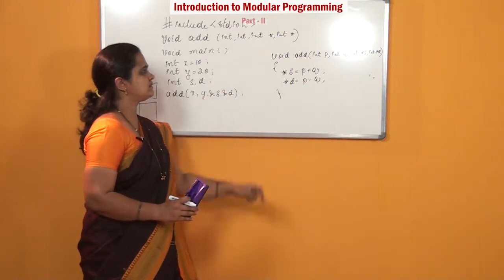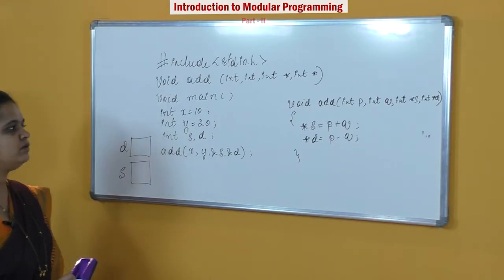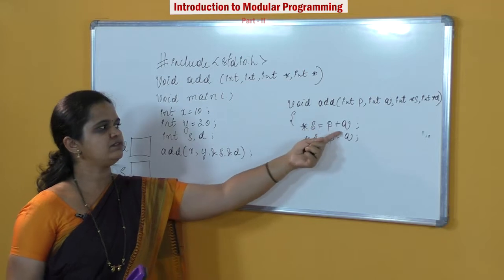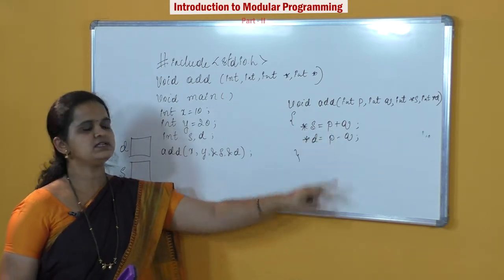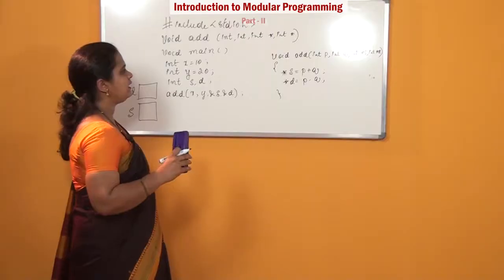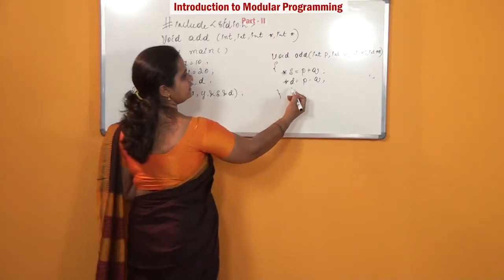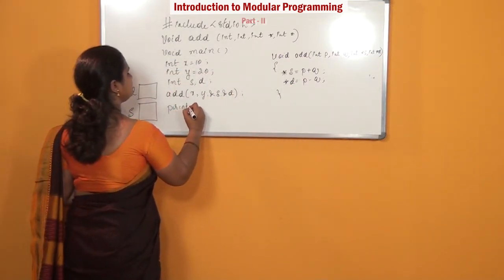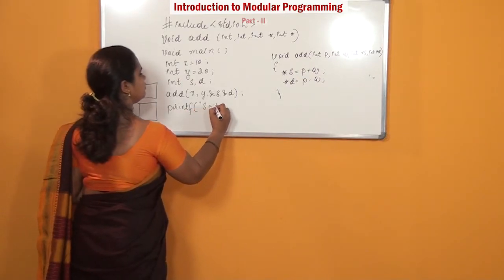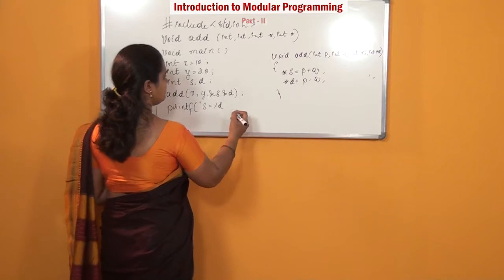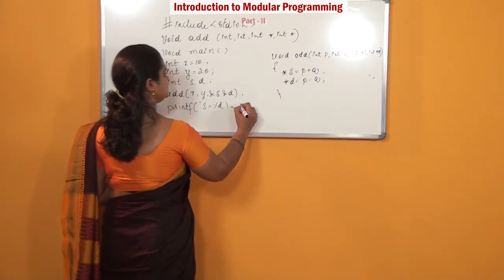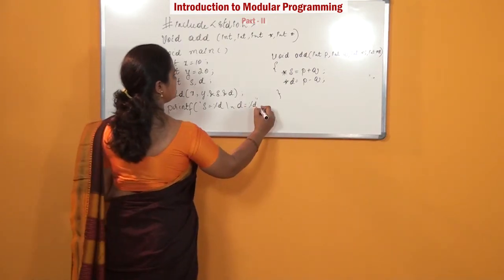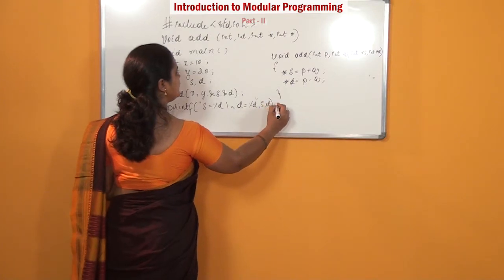So there we are using star s and star d, that means we are using the content at that location. The content at star s is changed to p plus q, the content at star d is changed to p minus q. Now you get 30 and minus 10, and we are not returning the value from here, but when you come and print the values, printf sum is equal to %d \n, difference is equal to %d, where we are printing the s and d values.